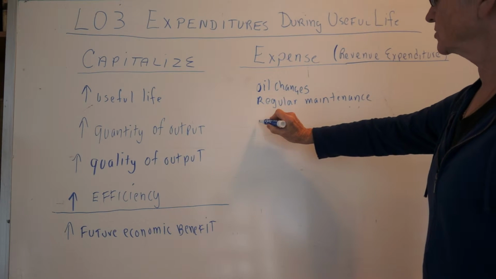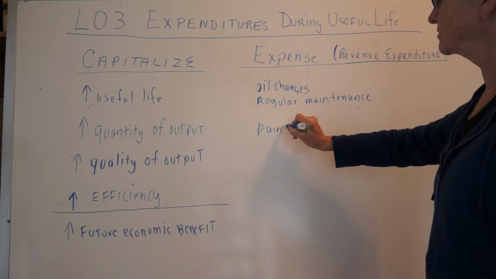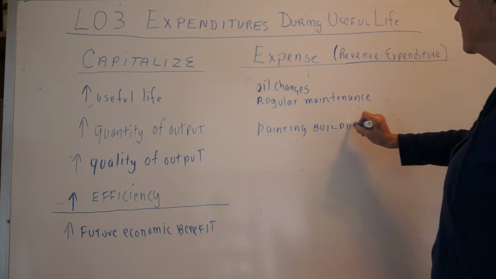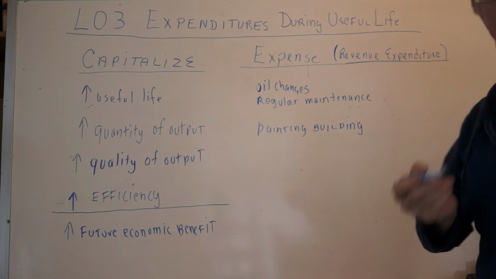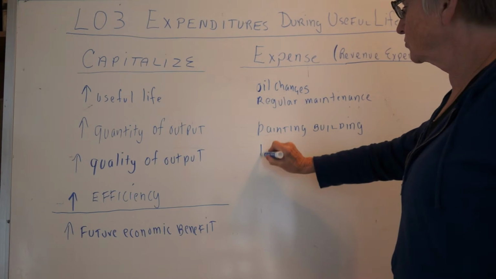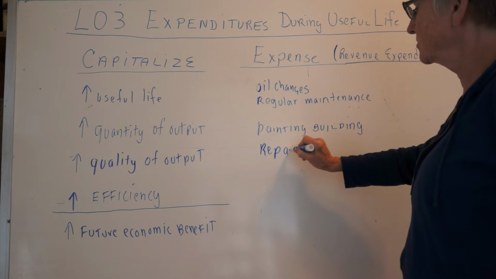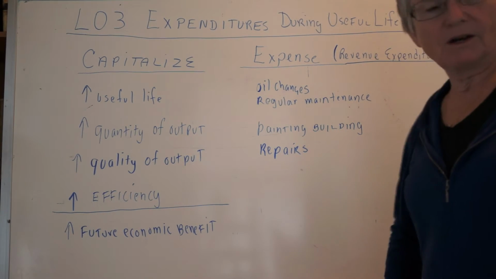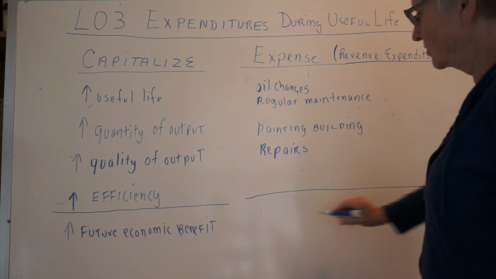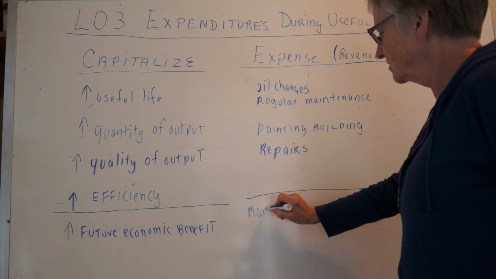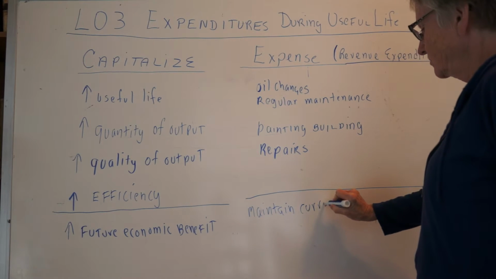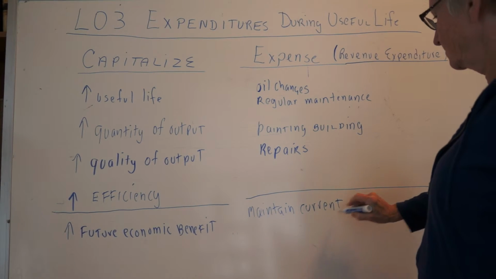Expenses, like the regular painting of a building, you would paint your building regularly to keep it from deteriorating, regular maintenance on machinery and equipment, small repairs, things like that, would all get expensed. And what these do in general is they maintain the current operating level of whatever asset it is.